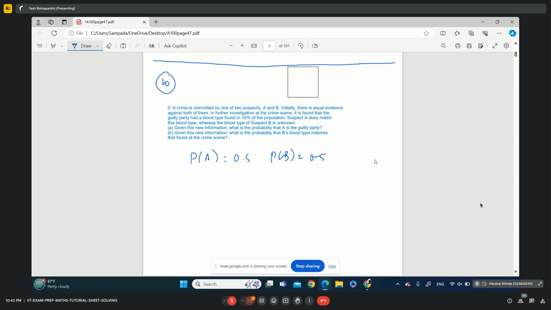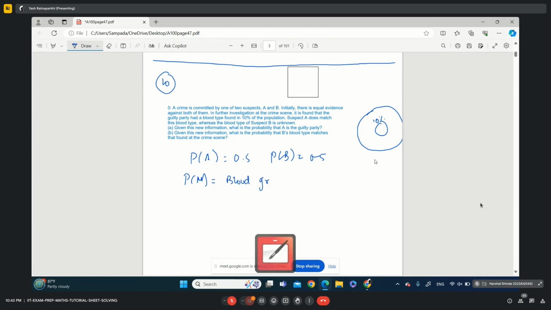Now, it is saying in further investigation at the crime scene, it is found that the guilty party had a blood type found in 10% of the population. That means out of 100% population, there is a 10% population in which the blood sample is found. Suspect A does match this blood type. So if I define a new event M, that means the blood group matches.